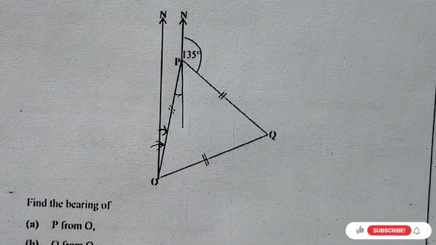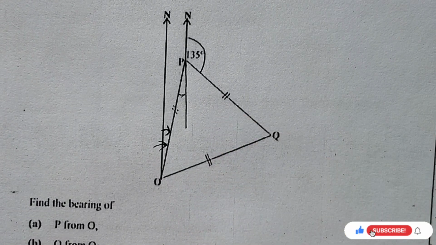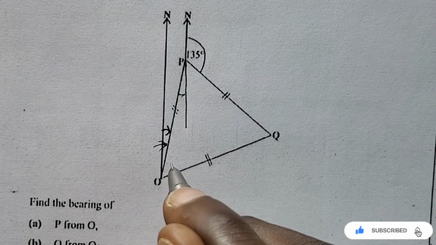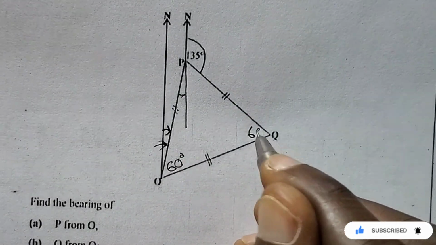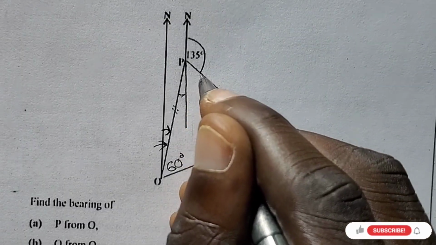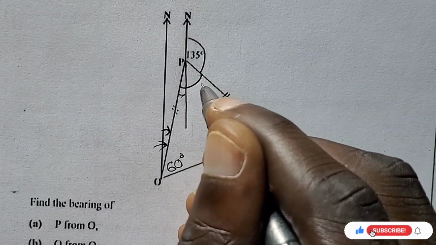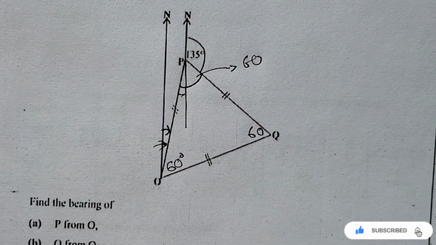Remember that this is an equilateral triangle. An equilateral triangle is a triangle whose three sides are all equal. So this is 60, even here is 60, and even here is 60.